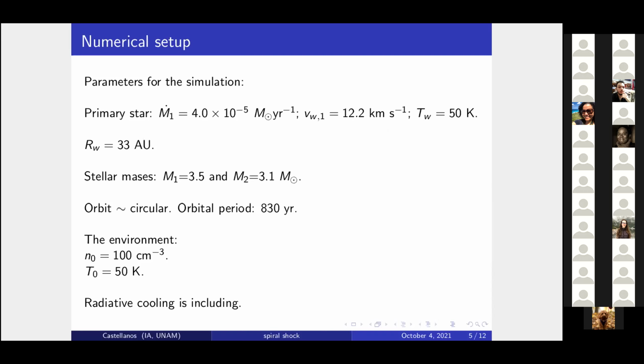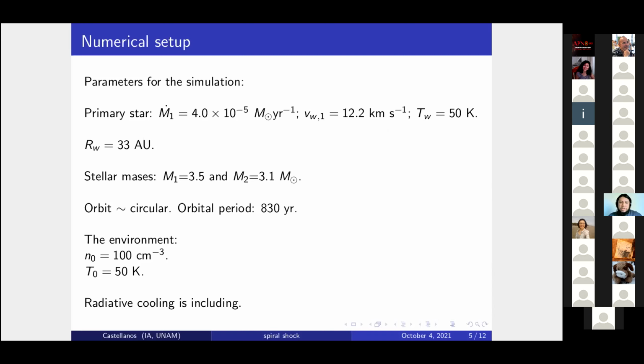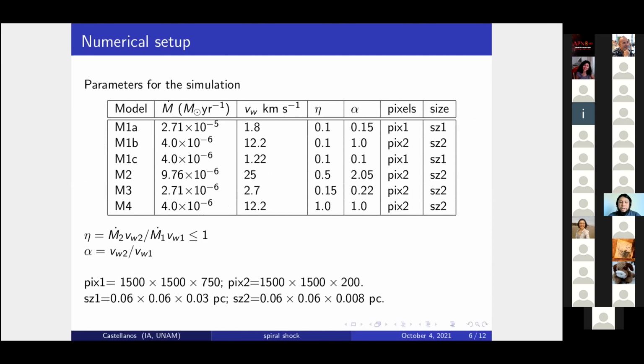The binary is initially surrounded by a homogeneous environment with a number density of 100 cubic centimeters and a temperature of 50 kelvins. We also include radiative cooling in our simulations. We want to explore a set of mass loss rates and wind velocities for the companion star with these values.